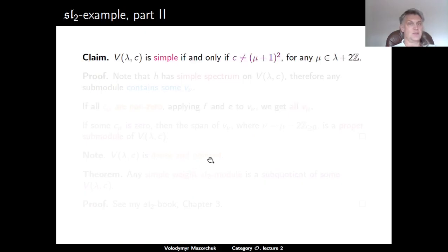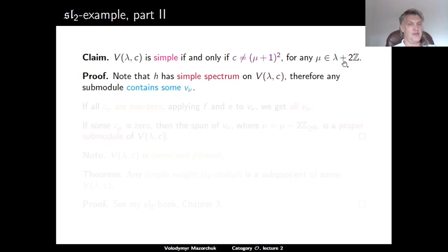We claim that this module is simple if and only if the value of c is not equal to (mu plus 1) squared for any mu in our coset lambda plus 2Z. Indeed, our module by definition has a basis which consists of eigenvectors for H with different eigenvalues. Therefore, any submodule of our module must contain some of these basis vectors.